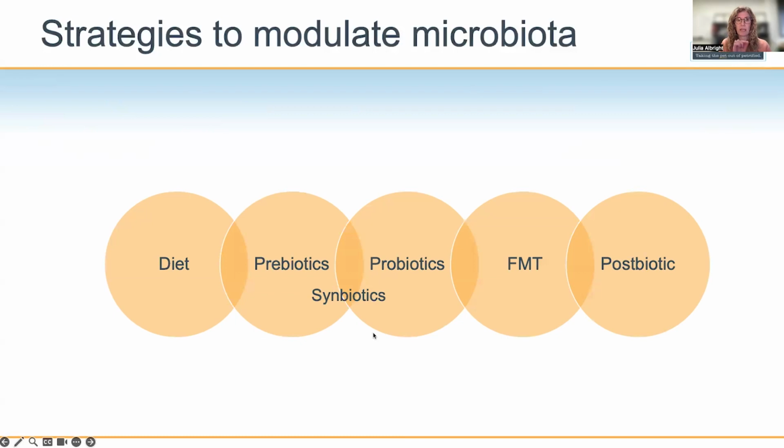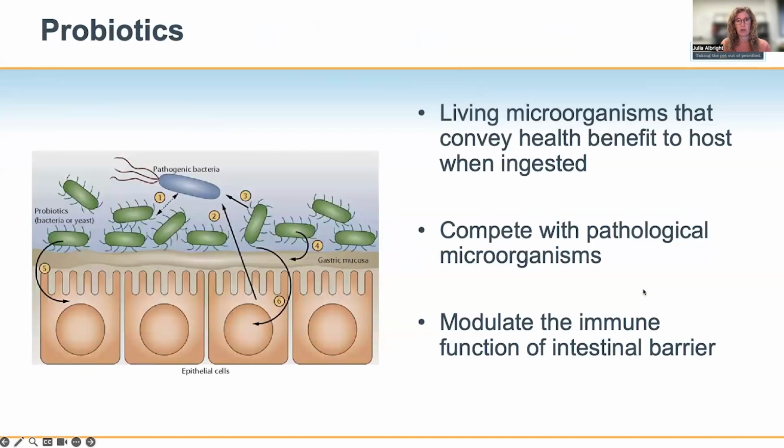When you put those together in a product, it's called a symbiotic, and then postbiotics. So let's talk about what I mean when I use those terms. A probiotic is a living microorganism that, when ingested, conveys a health benefit to the host. So again, how does it do that? It can compete with the pathologic microorganisms in the gut, modulate the immune function and create this healthy barrier.